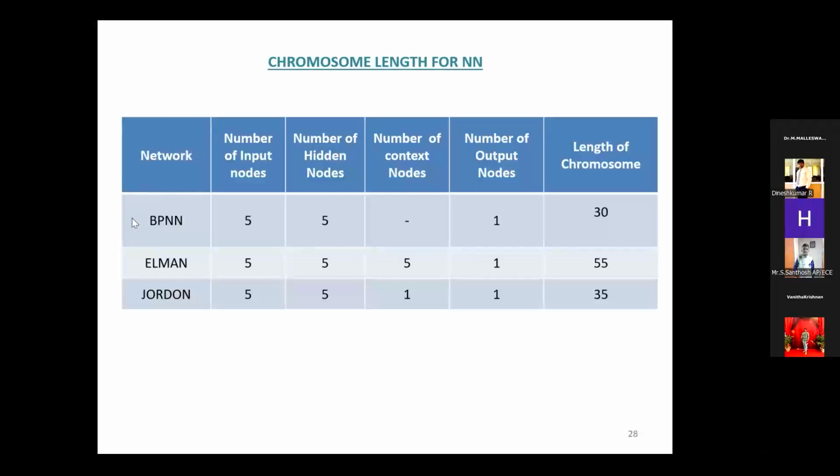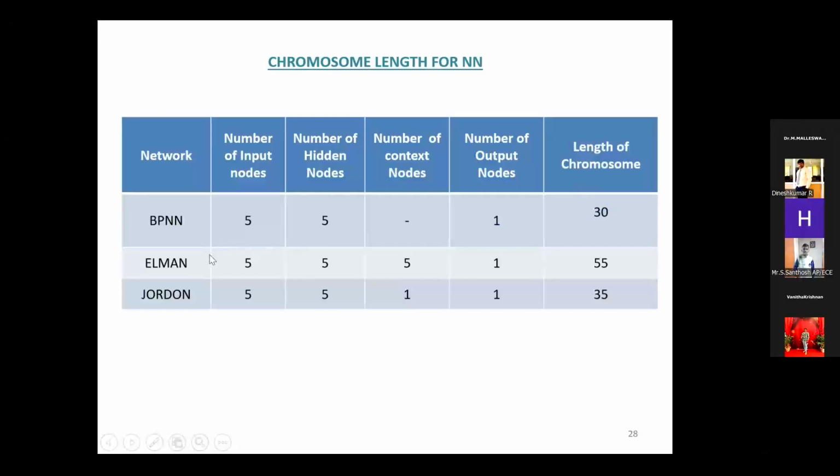The combination of your chromosome will be like this: input node is 5, hidden node is 5. Whereas in the PPN, as I said, we don't have any context node. The number of output nodes is also considered 1. If you use a PPN and combine your weight factors, the length of the chromosome will be 30.